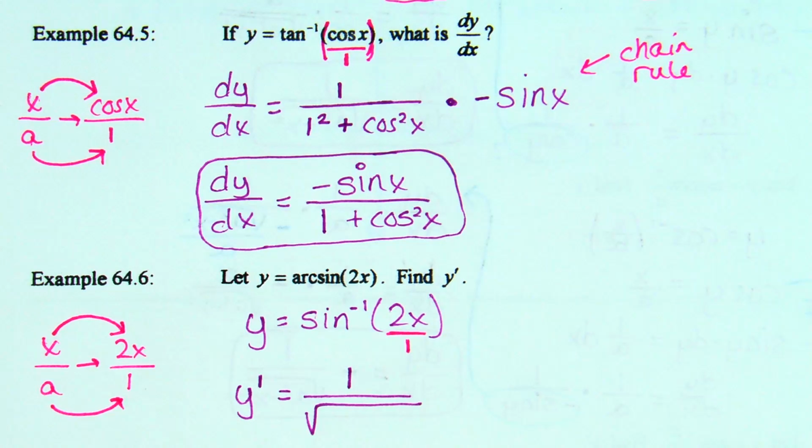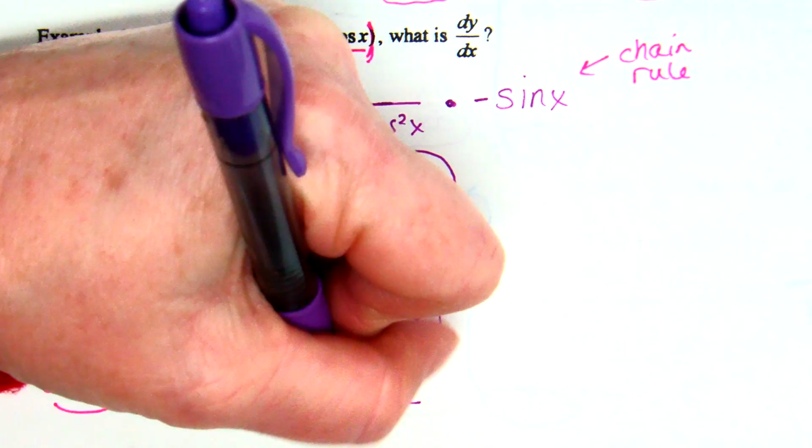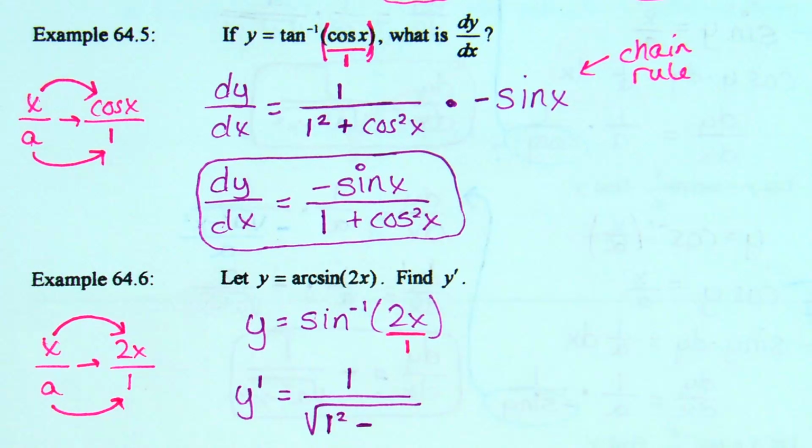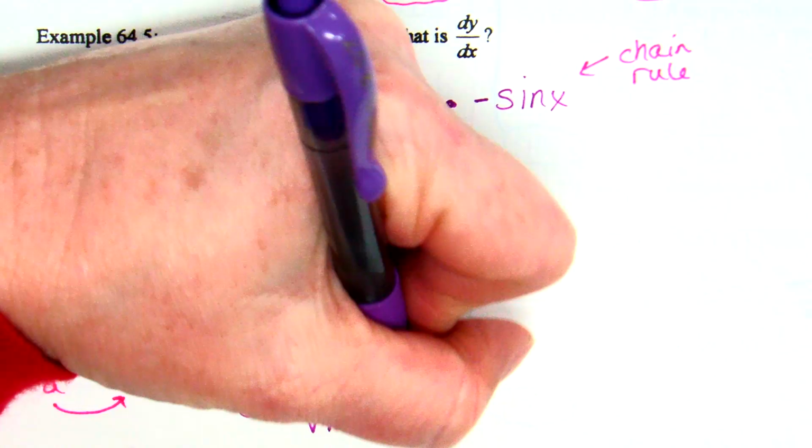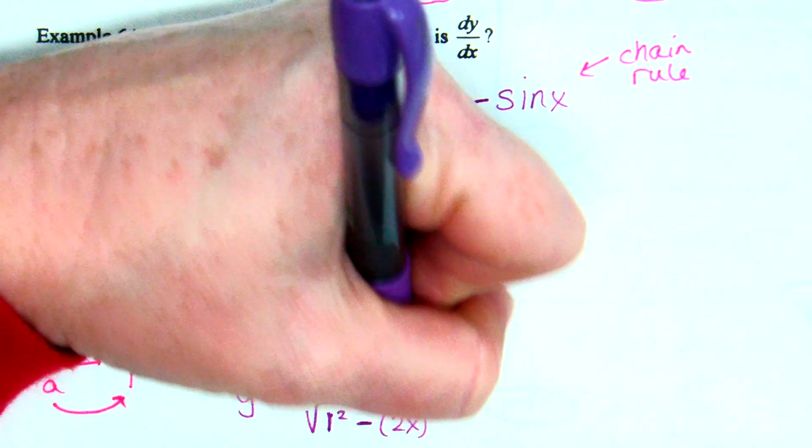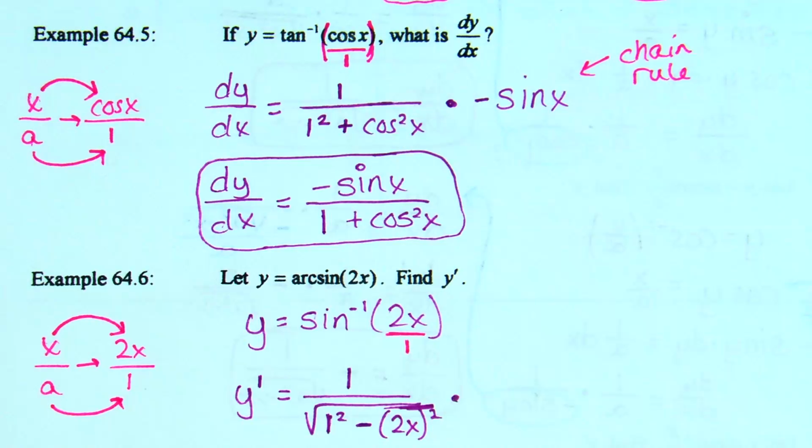What's my a? What's my denominator? 1. So that's just a 1 squared minus x squared. What's my numerator of that fraction? 2x. So 2x quantity squared times, can I take the derivative of what was in my x spot?